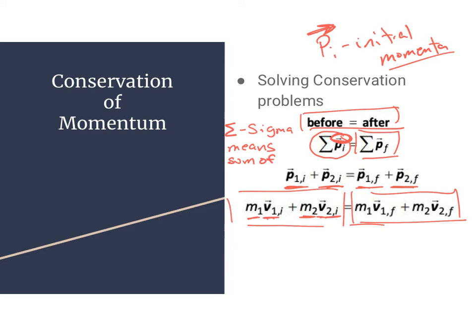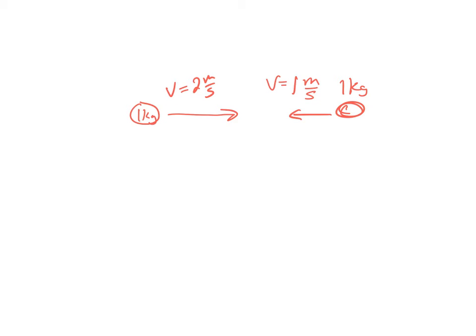So, quick example. We have a 1 kilogram ball rolling along at a velocity of 2 meters per second. And it's going to have an inelastic collision with a 1 kilogram ball moving the opposite direction with a velocity of 1 meter per second. Okay?